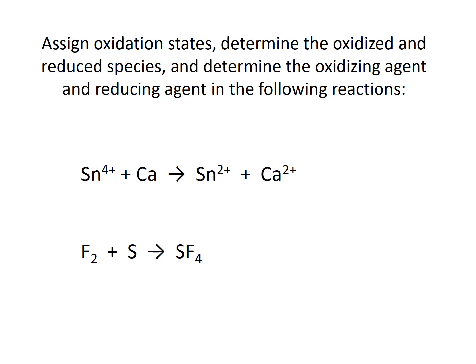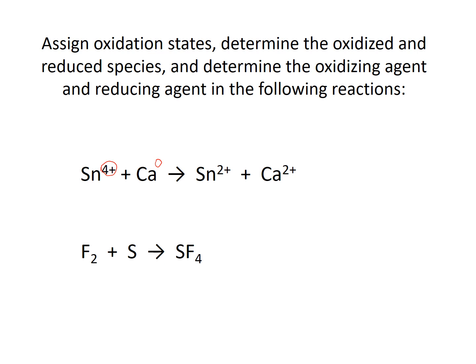In these chemical equations, we're going to determine the oxidized and reduced species, and we're going to look at the different agents here. Let's start with identifying the oxidation numbers. For the tin 4 ion, the oxidation number is the charge, so that's a +4. For calcium, because it is in its elemental state, the oxidation number is 0.